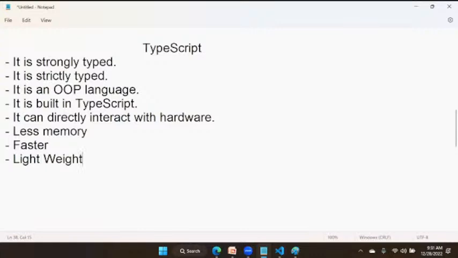And very important, don't underestimate TypeScript as JavaScript. That means TypeScript is not for Angular. Angular people are using TypeScript. Actually, individually, TypeScript can build large scale applications.